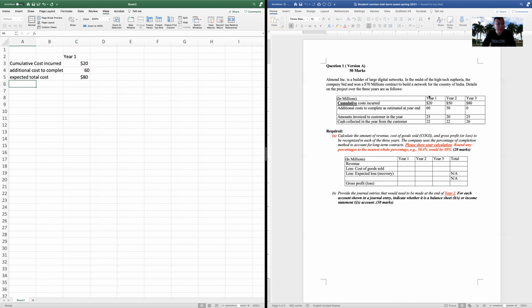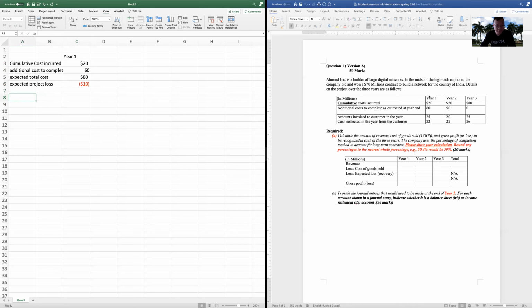And you know the expected project loss: the price is 70 minus the total cost, which is 80. So you are expecting the project will lose 10 million.